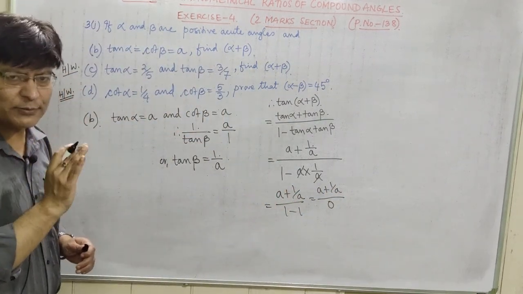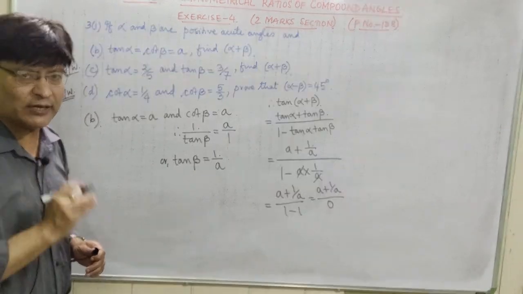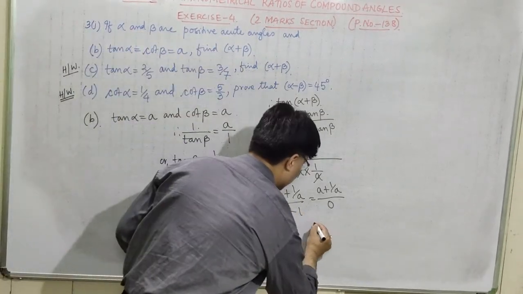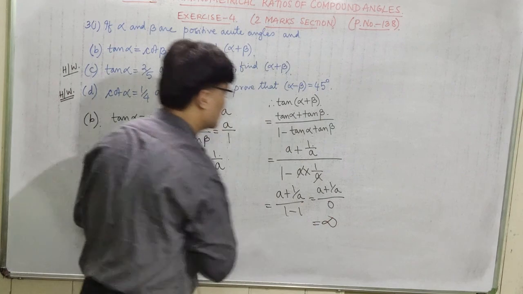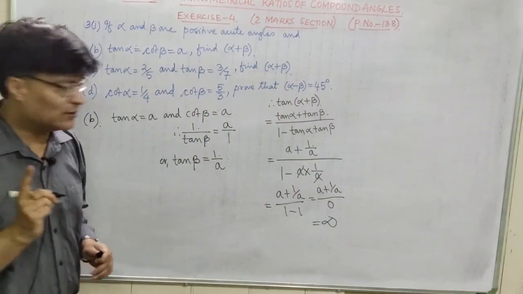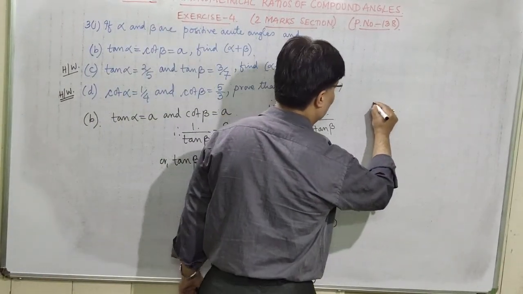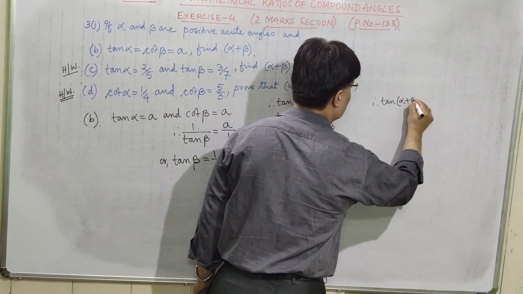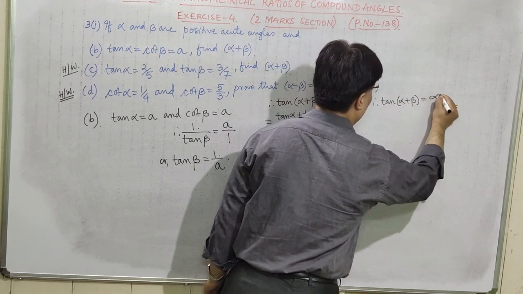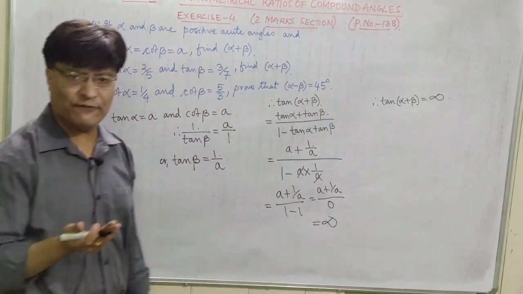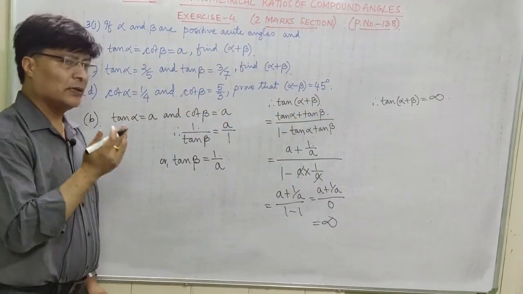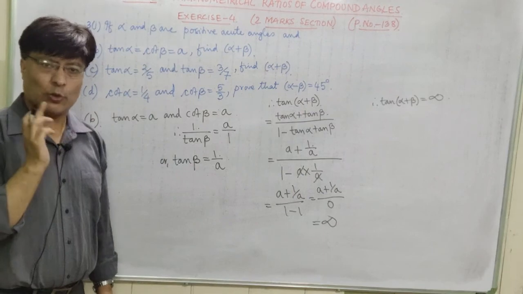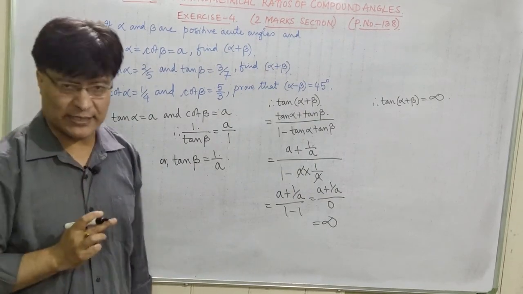You know that something divided by 0 is an undefined quantity, or it is infinity. Is that clear? So tan of alpha plus beta is equal to an undefined quantity, or infinity. Now in this case you have to get only the value for alpha plus beta.